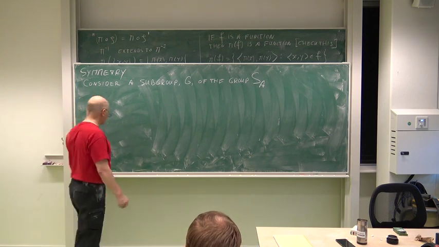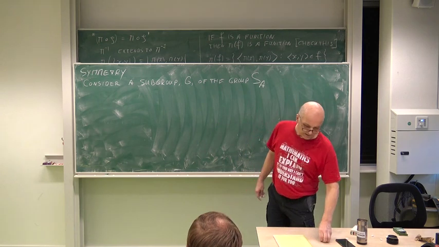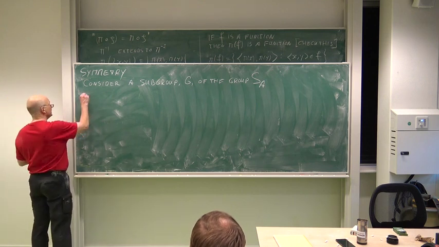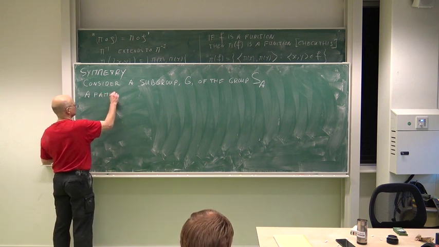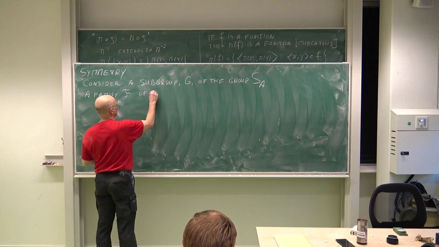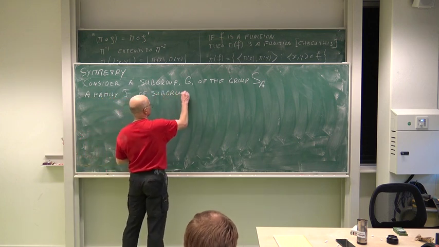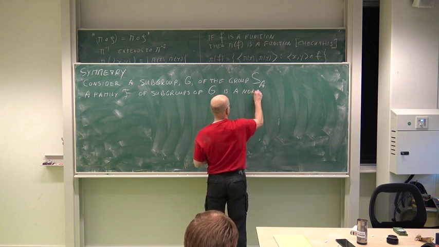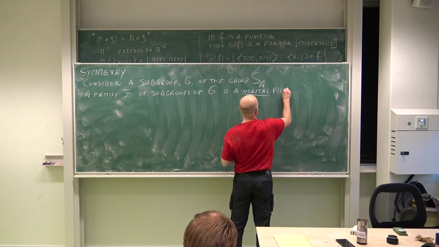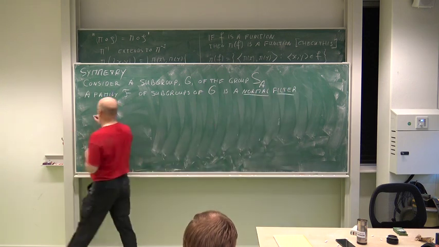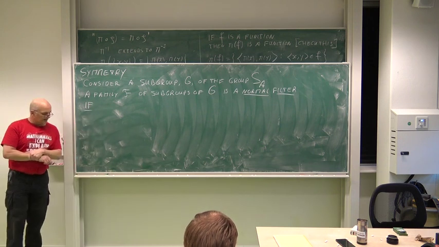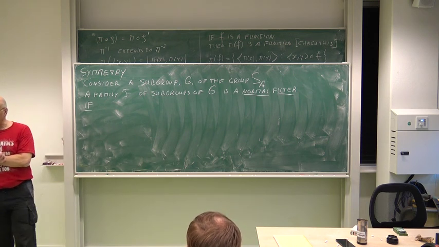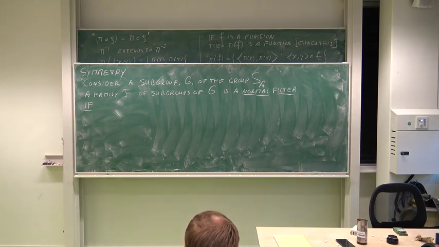Fine. But if we want to make this all work, we need a little bit more. We need to look at special families of subgroups of G. Like I said, we're going to define our symmetry, and the main ingredient of that is this.